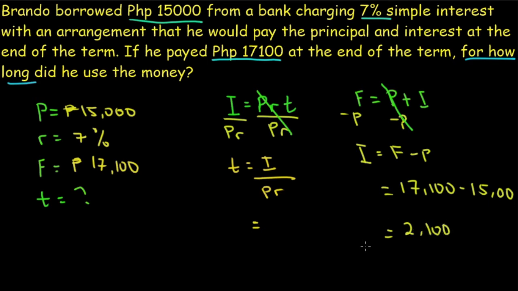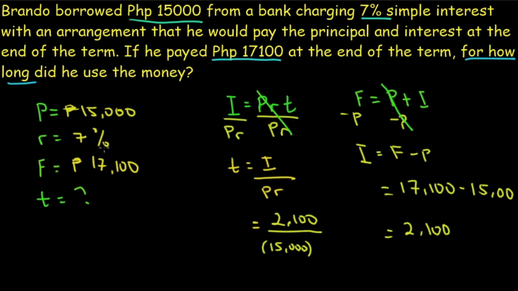Ibig sabihin, meron na tayong I na magagamit para ma-solve yung t. I-plug in ko na yan dito kasabay ng mga iba pang given. So, I is 2,100 divided by the product of the principal amount and the rate.